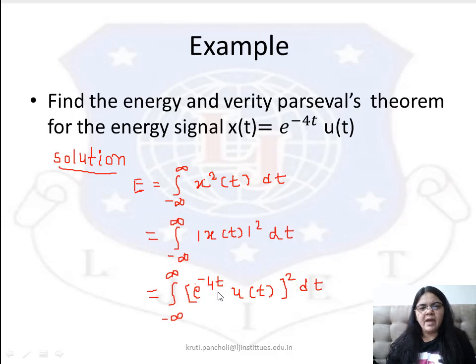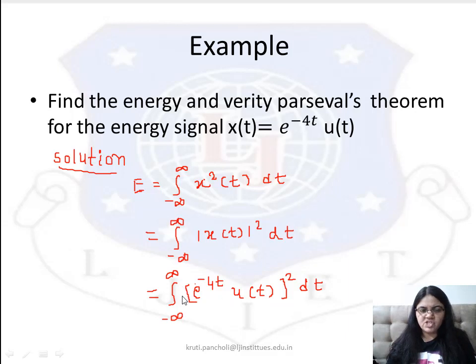But here we have what is x(t)? x(t) is e^(-4t) u(t). So we are putting the value of x(t) over here, and the square of this, and dt. Now we know that u(t) is the unit step function, that is, u(t) is equal to 1 for t greater than 0 and u(t) is equal to 0 for all other values.